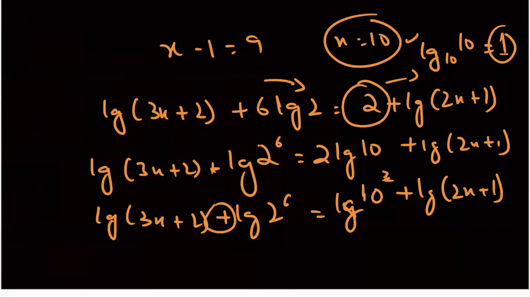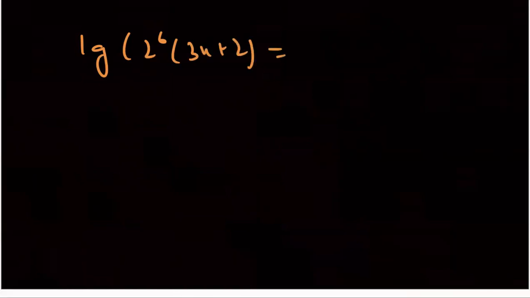When the addition sign in log, addition means multiply and subtraction means divide, right? So if it is being multiplied, it becomes 2 power 6 multiplied by (3x plus 2), and on the other side, it becomes 10 square being multiplied with (2x plus 1).